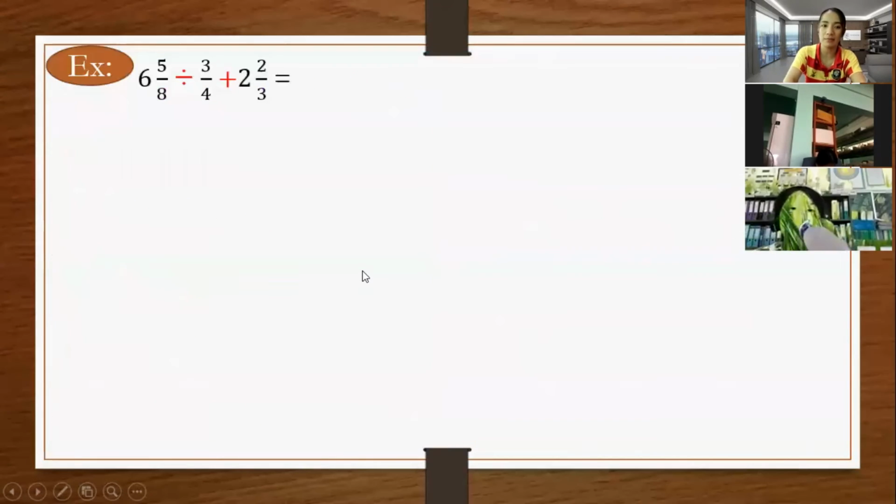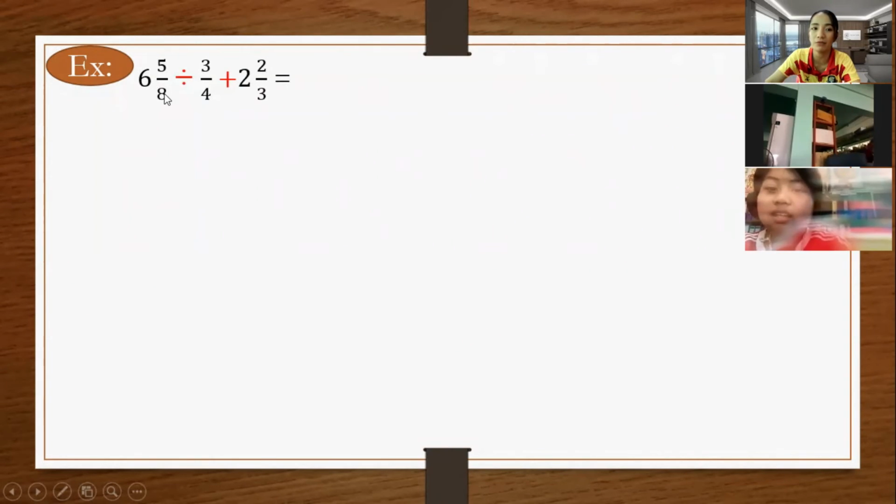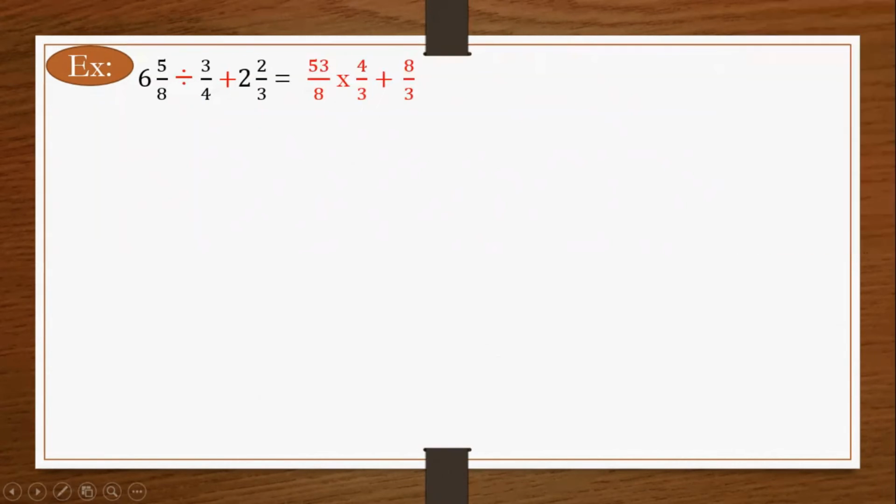Let's look at some example here. So first, we have 6 and 5 over 8 divided by 3 over 4 plus 2 and 2 over 3. We will solve 6 and 5 over 8 divided by 3 over 4. So we have some steps to follow here. First is to convert the mixed number to improper fractions.